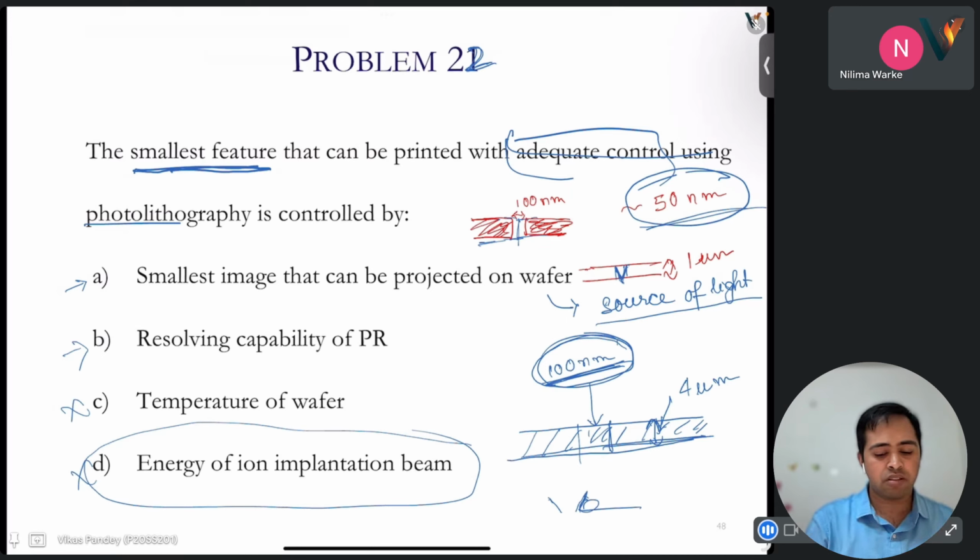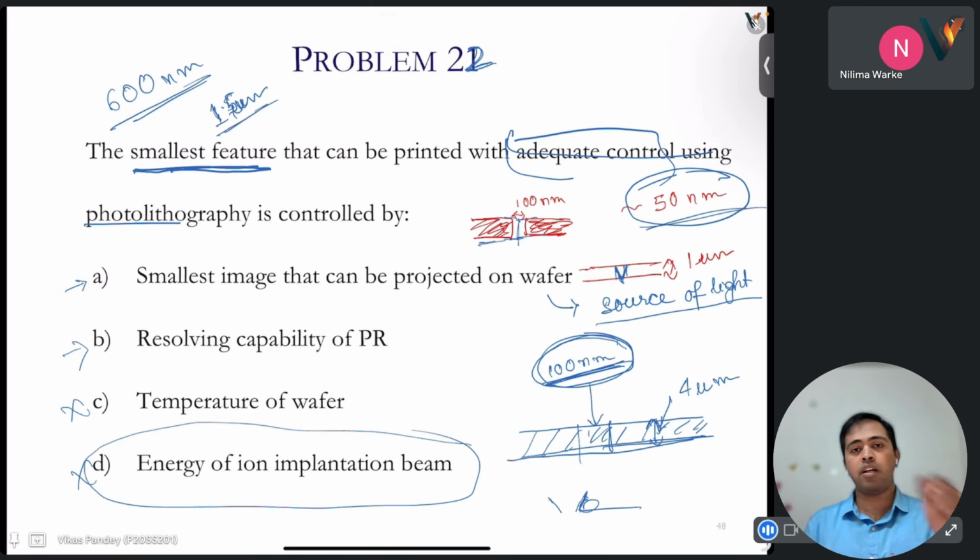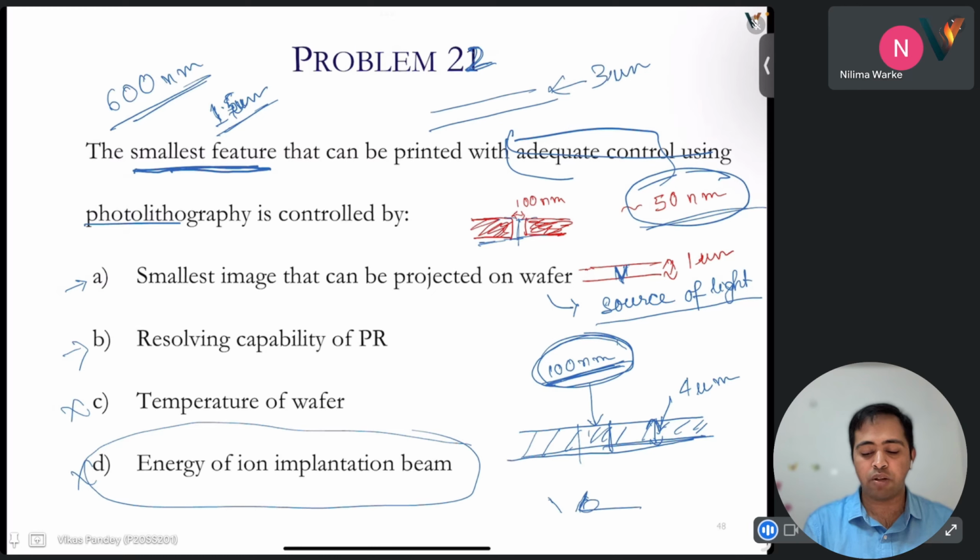General machines are able to go till 600 nanometer, or even 1 to 1.5 micrometer resolution. And what they will do is take a thick photoresist having a thickness of say 3 micrometer, and then try to make a pattern that is separated by 1.5 micrometer.